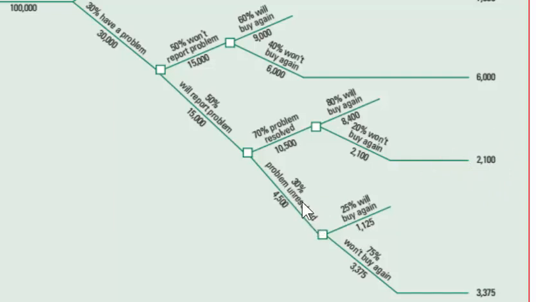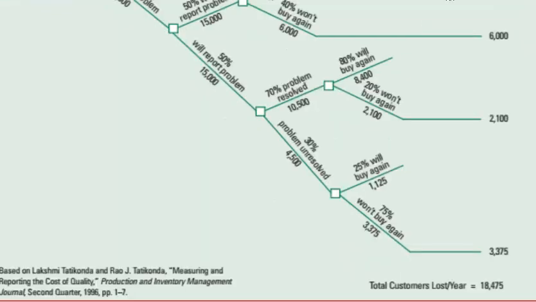Now this 30%, the problem unresolved, again this is classified at two places. The first category is 25% who will buy again. Now see, the percentage of the people who will buy again is very less in comparison to those who won't buy. 75%, that is 3,375 customers won't buy, out of a group of 4,500 whose problems were unresolved.